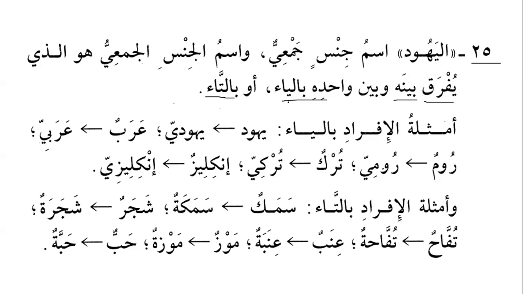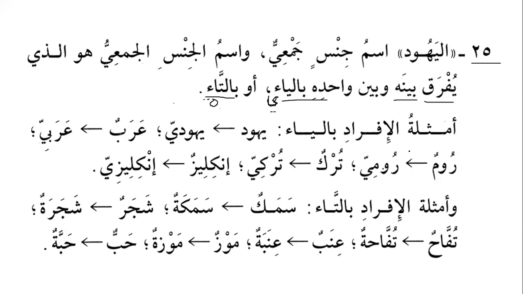So whenever we have ism al-jins al-jam'i, how do we differentiate between the plural and the singular? We either differentiate by ya or by ta marbuta. So that's what we are supposed to learn from this one. We have discussed it in the beginning as well.